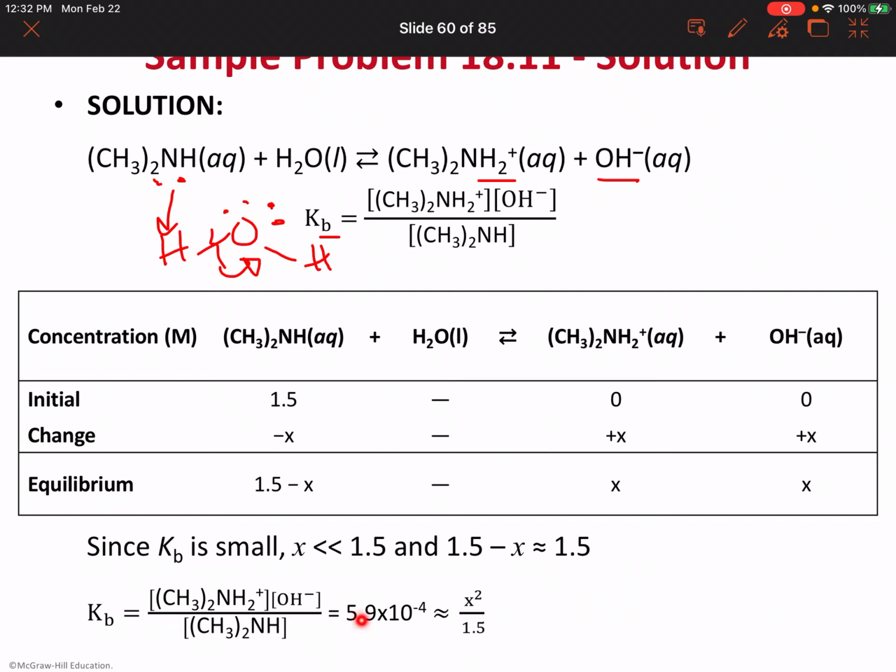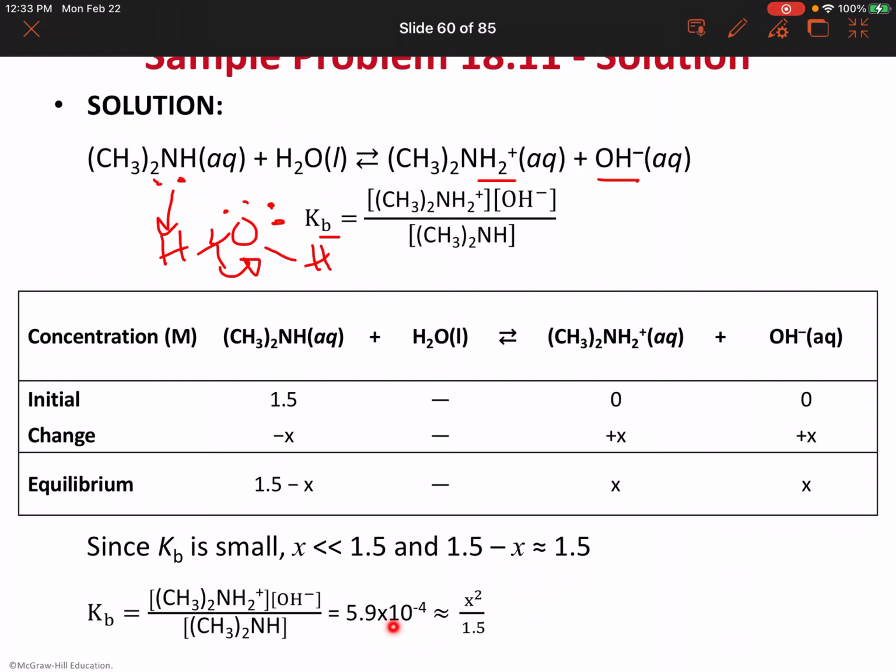Okay, so the Kb expression is this. We were given Kb, and this is your x, this is your x. We'll make it x squared. It's difficult to say x squared. You try doing it, your tongue will twist. Okay, it's a tongue twister. You will have fun.